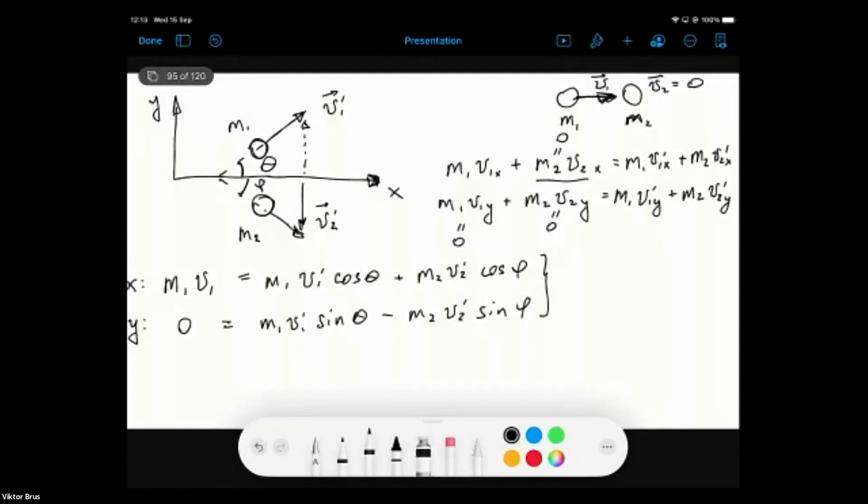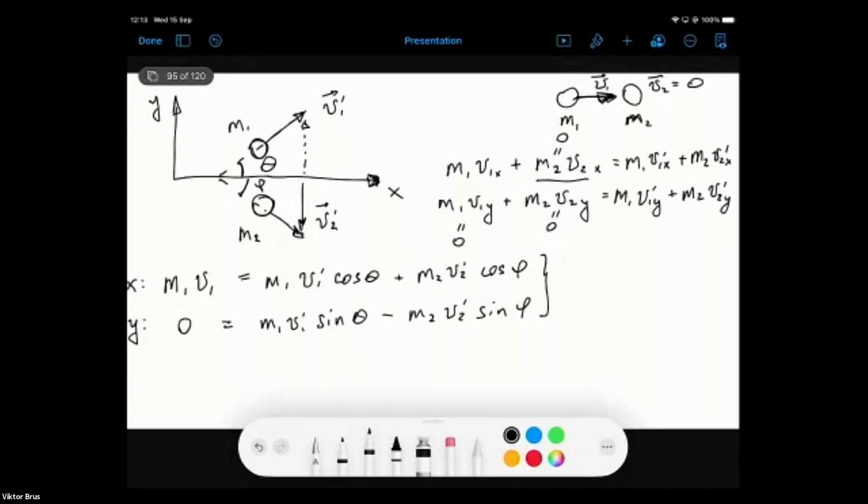And if only two parameters, like the angles theta and phi, or the initial and final velocity of body M1, are unknown, we can already calculate them by solving this system of two equations, because a system of two equations gives us the opportunity to get two unknowns.